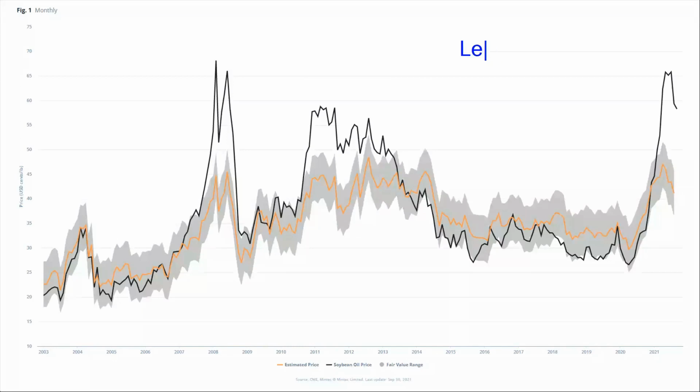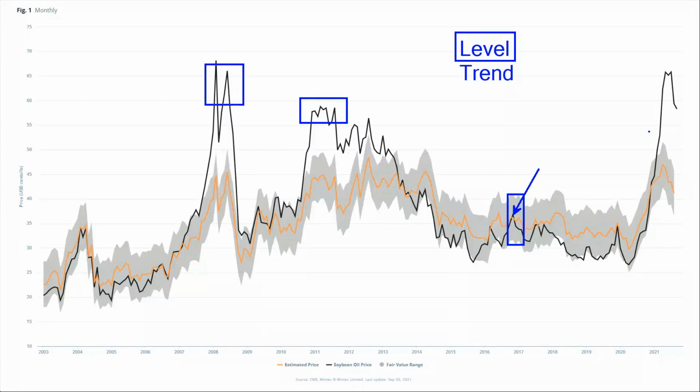I get the level and I get the trend. So I understand this price here, that black price, is fair because it's inside the fair band. So I understand that the level is fair. But I also understand this level is too high, this level is too high, and I understand the current level is too high. These are bubbles. I call that a bubble.